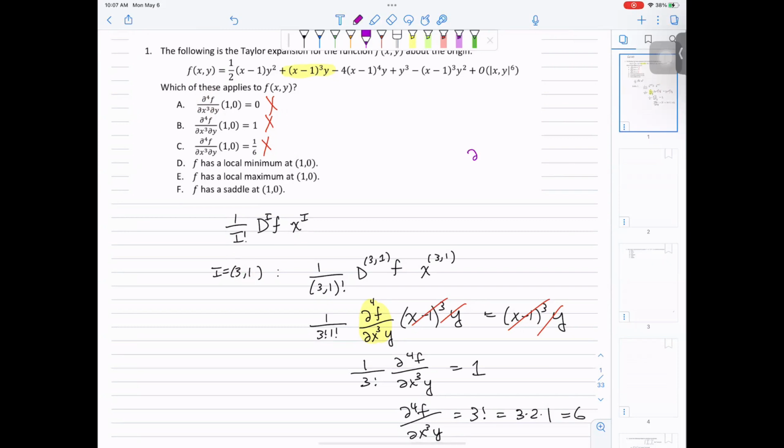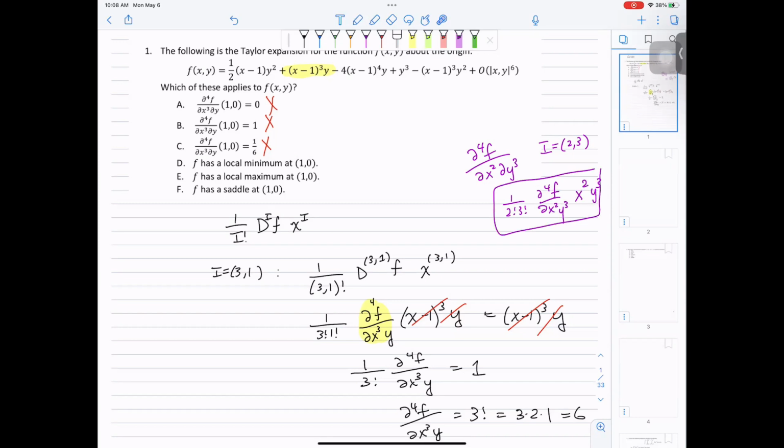If they wanted me to find, for example, the partial of x twice, y 3 times, what does that mean? That corresponds to an I of 2 comma 3. The term in the Taylor series would be 1 over 2 factorial, 3 factorial, the partial x twice y 3 times, and then x twice y 3 times.